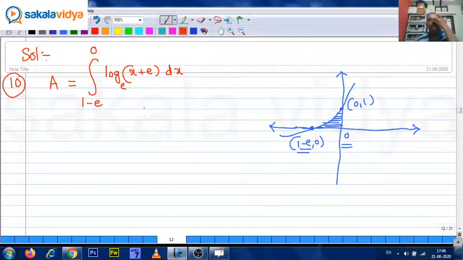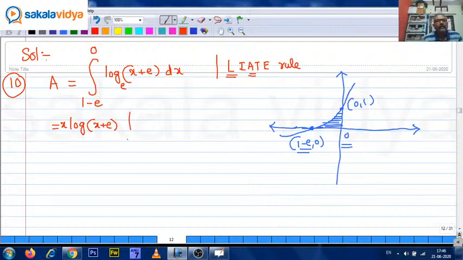So now we need to do this one with the LIATE rule. Logarithmic is the first function, algebra is the second function. The first function is log of x plus e. Next, the integral of dx is x, so we get x, with limits 1 minus e to 0. So minus the integral from 1 minus e to 0 of the derivative of log of x plus e, which is 1 by x plus e, times x dx.